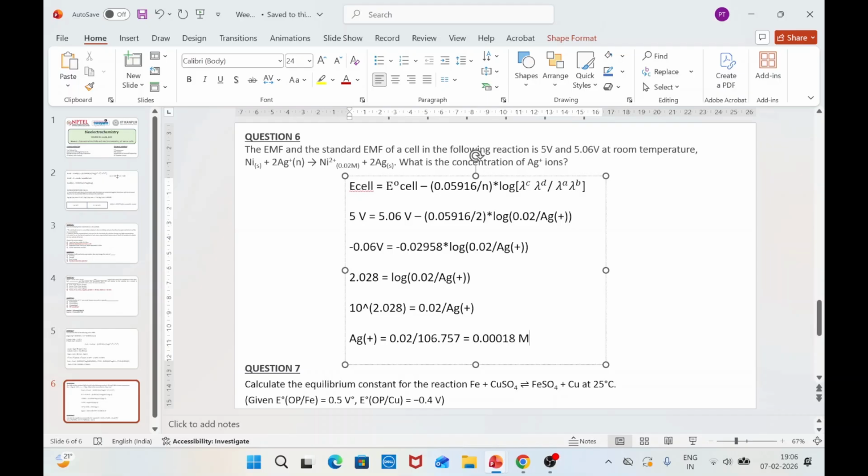So the concentration of the Ag plus ions is 0.00018 molar. Is this answer correct? Anyone? There is a mistake in the way I have calculated here. Does anyone know what mistake I have made?